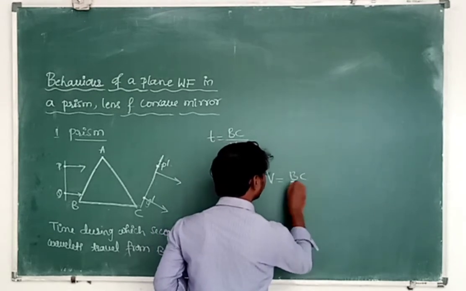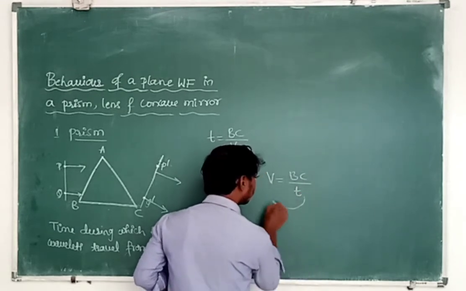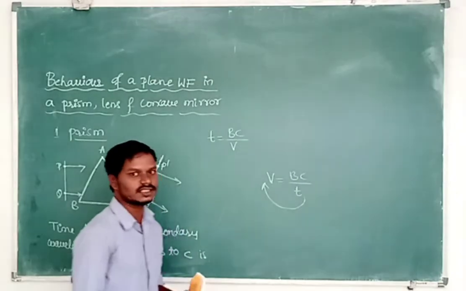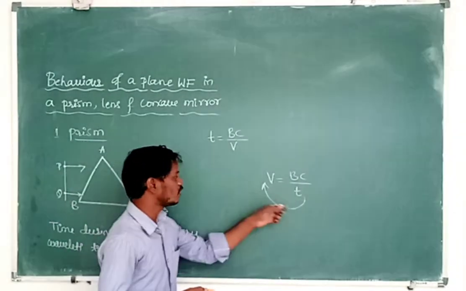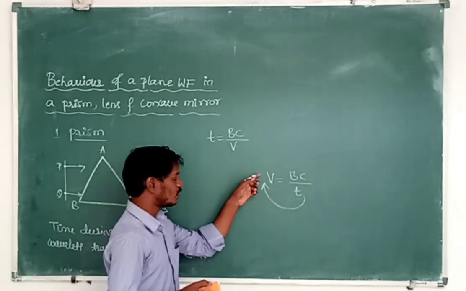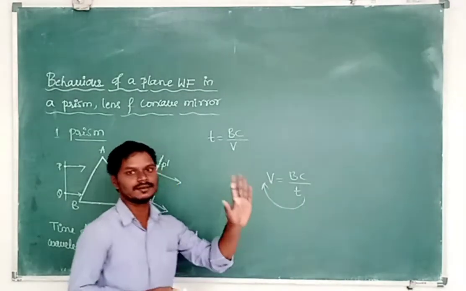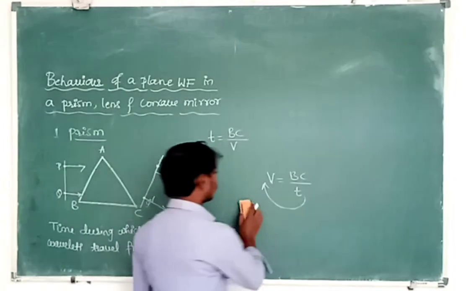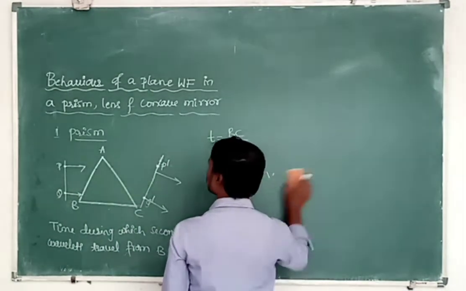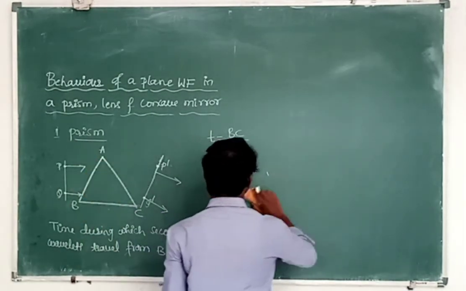Distance traveled divided by time taken. But we are going to find the time taken, so I interchange it: time on the left hand side and speed on the right hand side. Then t is equal to BC by v. So this is about the behavior of a plane wavefront in the case of a prism.